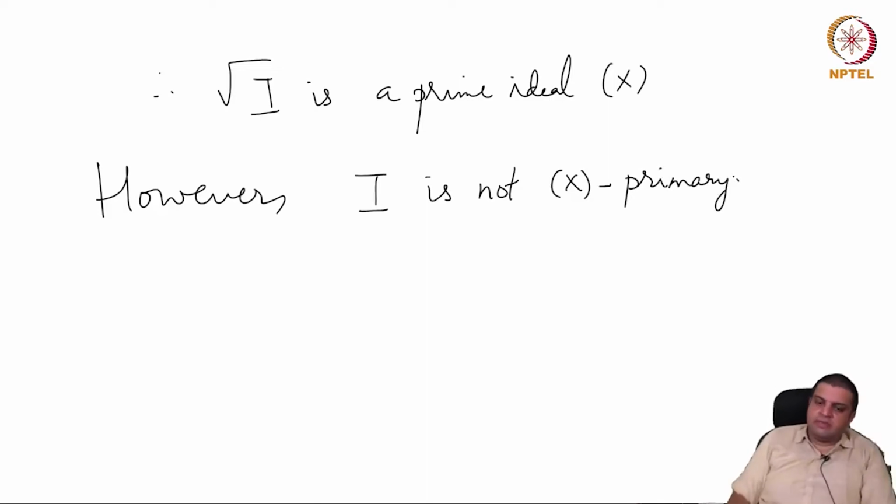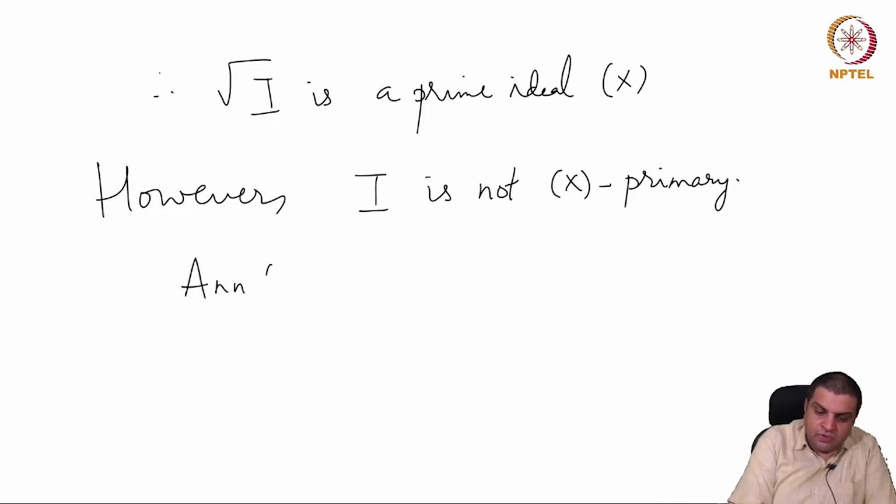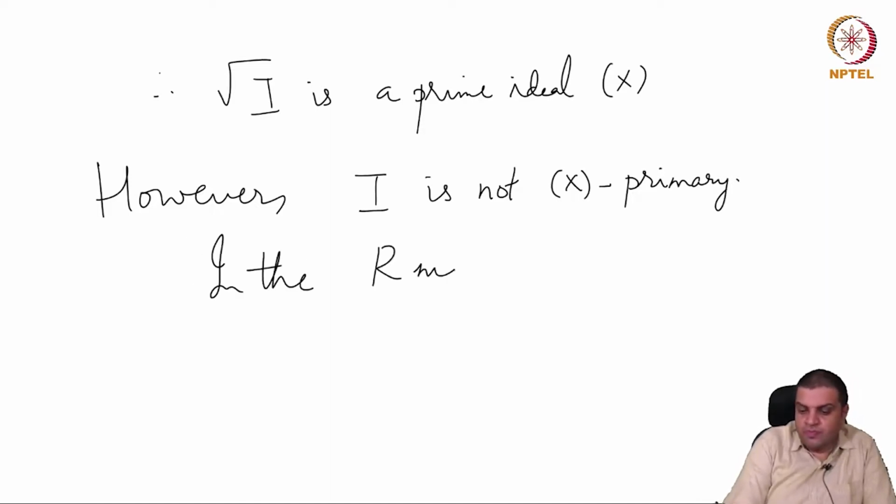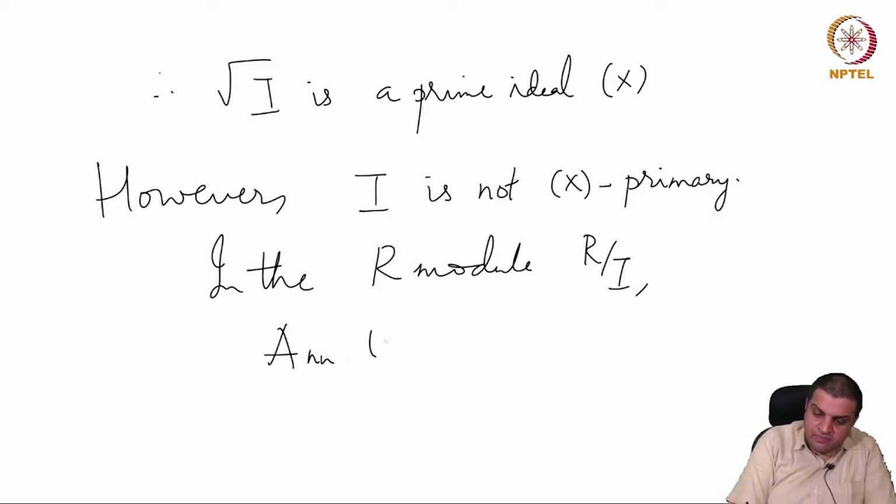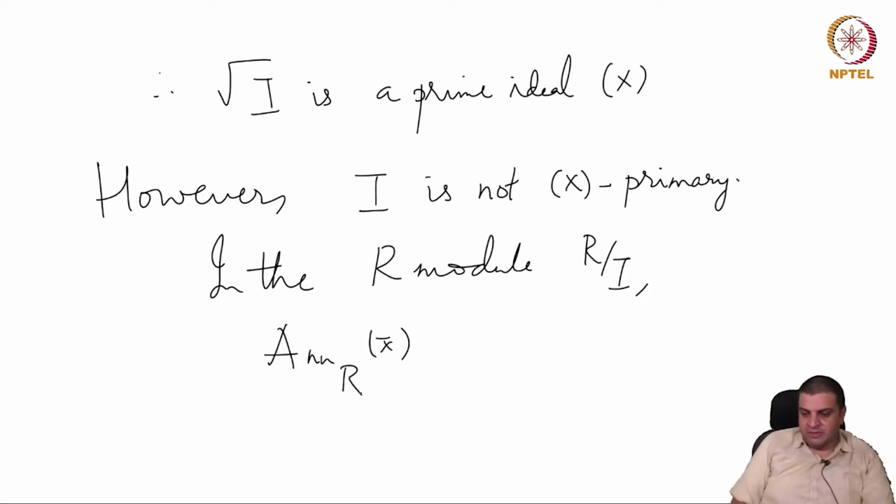And why is that? Consider, in the module R mod I, the annihilator in R of the element x bar.